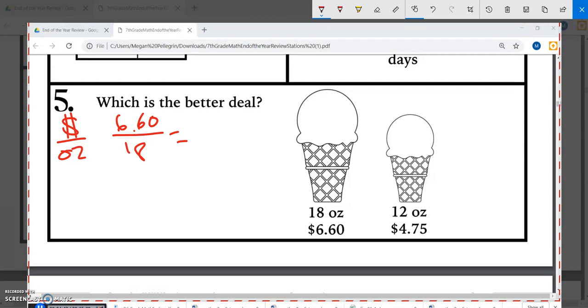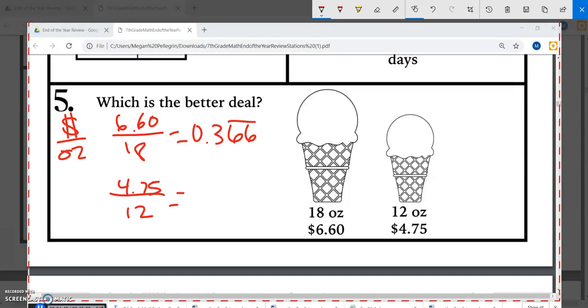$6.60 divided by 18 gives me 0.36, and the 6 is repeating on forever. And then the other one was $4.75, and it was for 12 ounces.